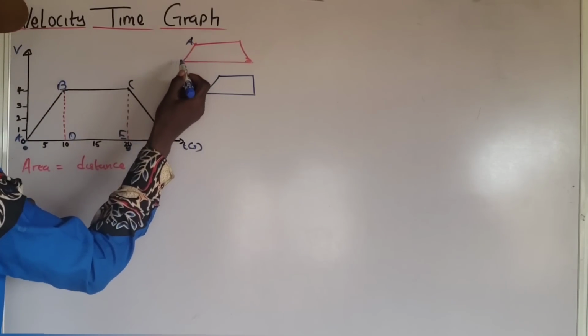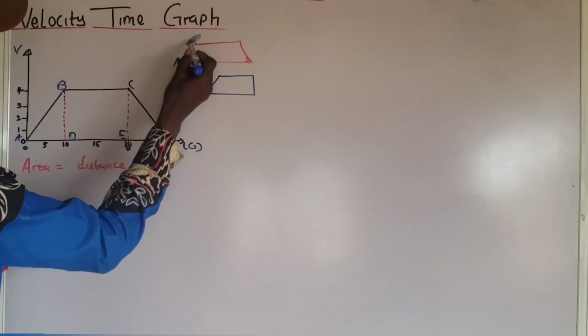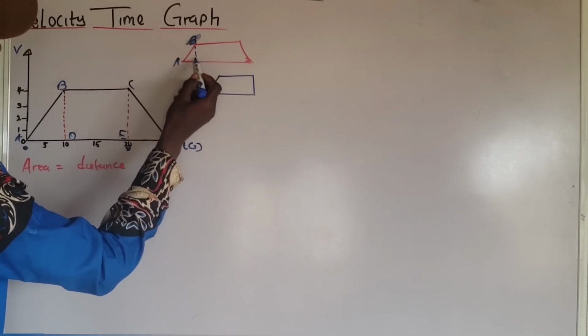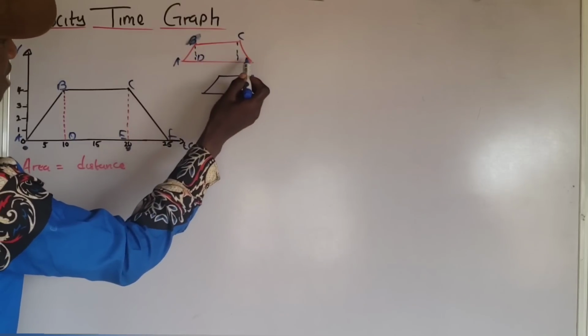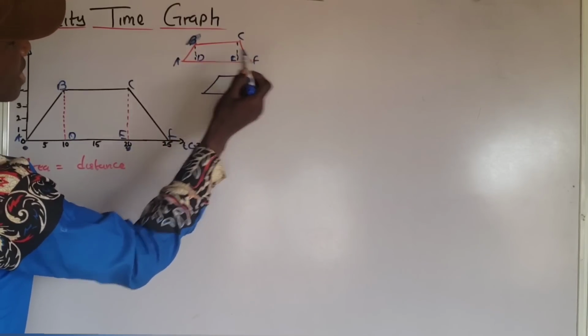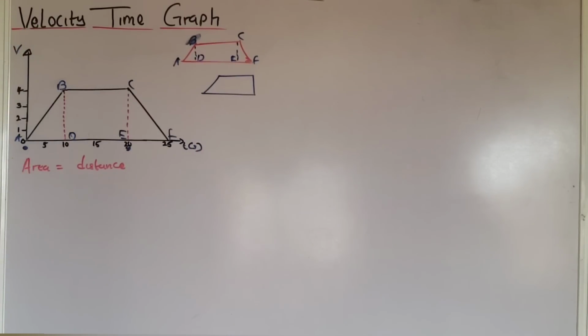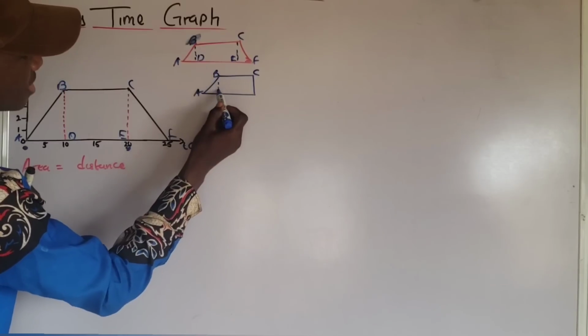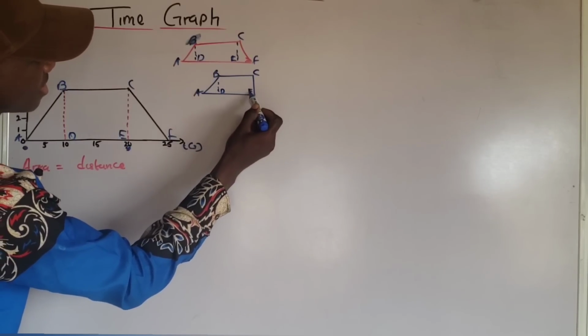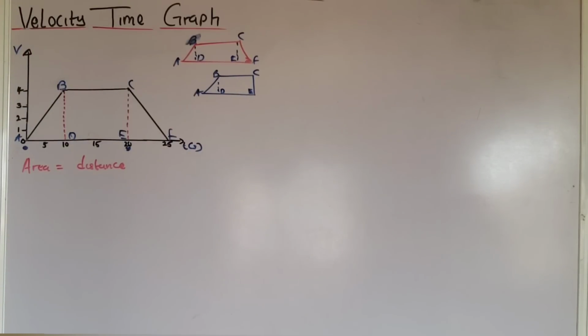But because we are only interested in the distance that the body covered in the first 20 seconds, this is the shape that we need: A, B, C, D, and E. You understand? Because this is the first 20 seconds.